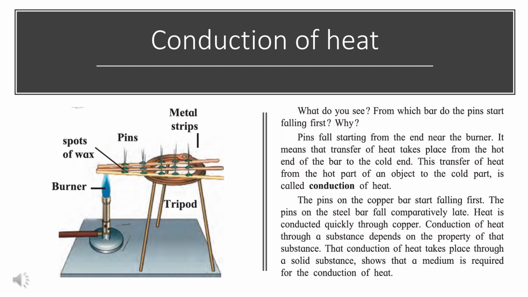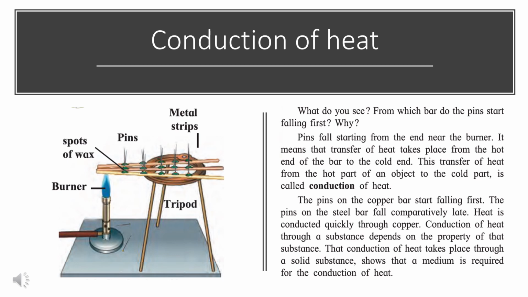The conduction of heat through a solid substance shows that a medium is required for the conduction of heat. Unless there is a medium, heat cannot be transferred in solids. So conduction is seen in solids, and this proves that the transfer of heat in solids requires a medium.